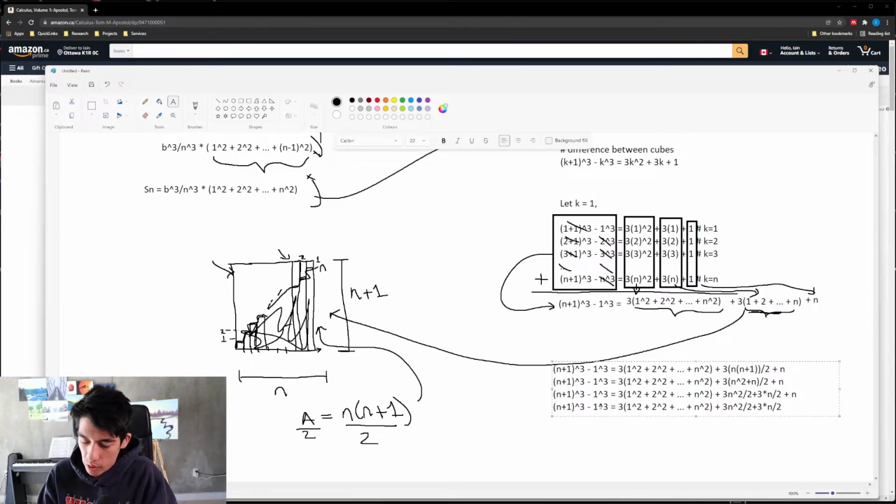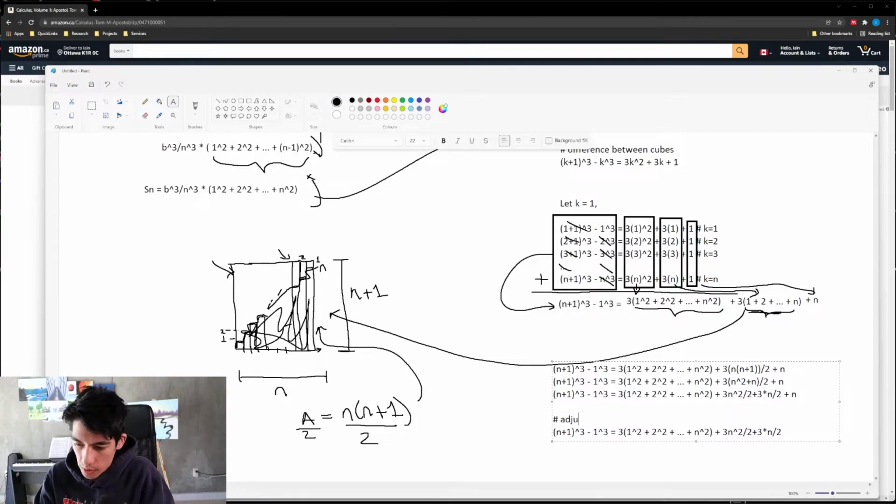So if we were to do that adjustment, instead of having n equations, have n minus 1. So this would change to just n cubed because it's the minus 1 part. This would change to n minus 1 squared.